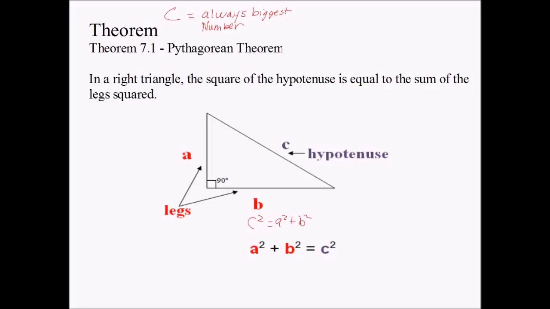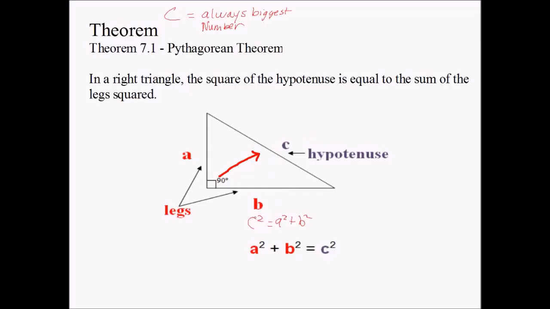Theorem 7.1 is the Pythagorean theorem. We must remember that in a right triangle, the square of the hypotenuse, so remember I told you to draw your arrow, the square of the hypotenuse, c squared, is going to be equal to the legs squared added up, so a squared plus b squared equals c squared.